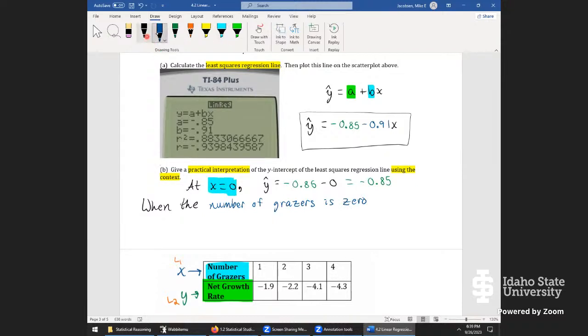We picked 0 to get our y-intercept. The net growth rate is that value, negative 0.85. So that's our interpretation of an intercept in this kind of context.